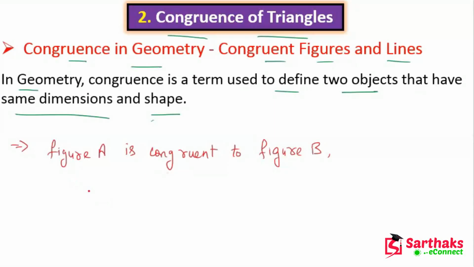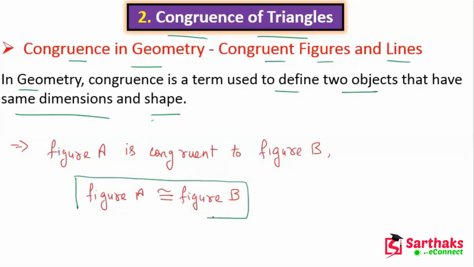We can write it as figure A is congruent to figure B. Got it? So this is the representation of congruency. I hope you understand these things.